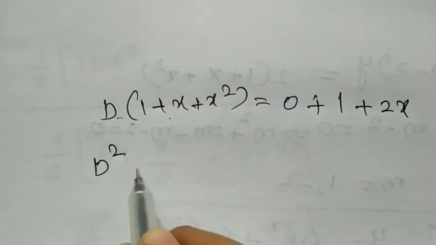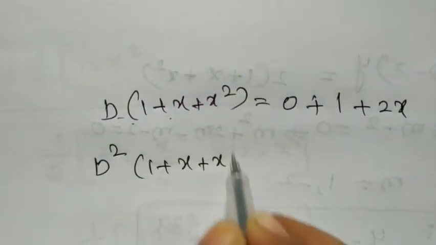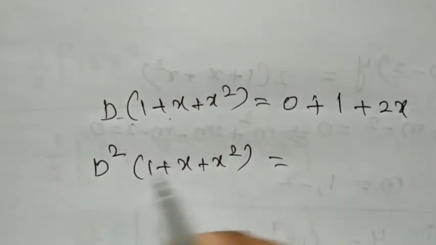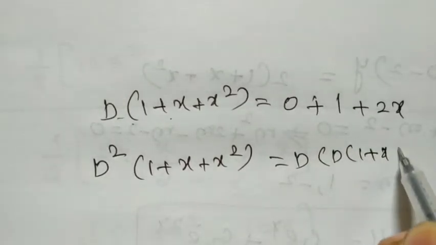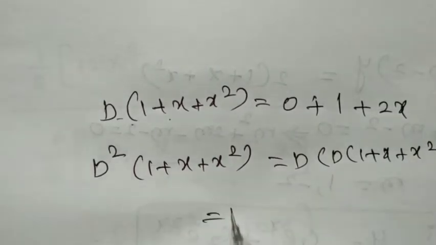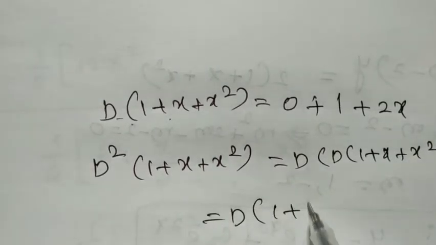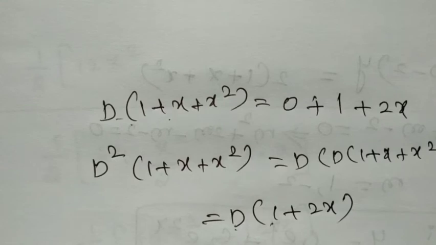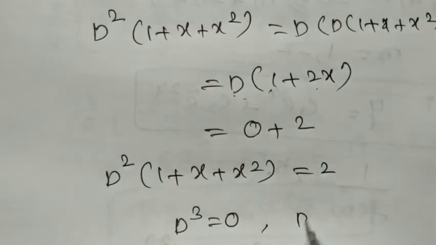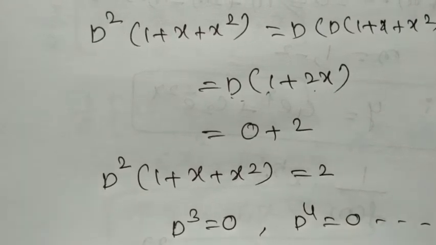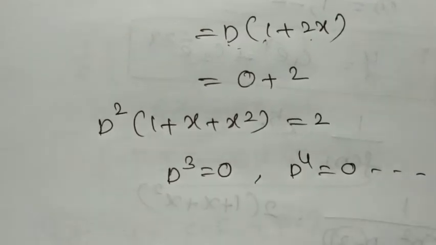So d square of 1 plus x square equal to, that is d of 1 plus 2x. So again d of 1 is 0, d of 2x is 2. So d square of 1 plus x square equal to 2. So therefore d cube value 0 and d power 4 value 0. So expansion up to d square term.